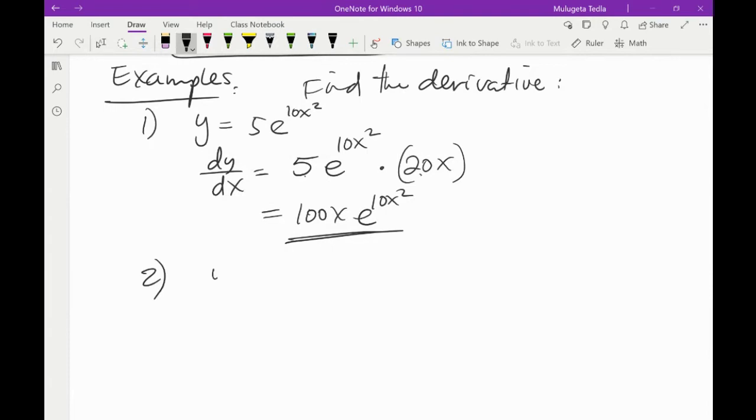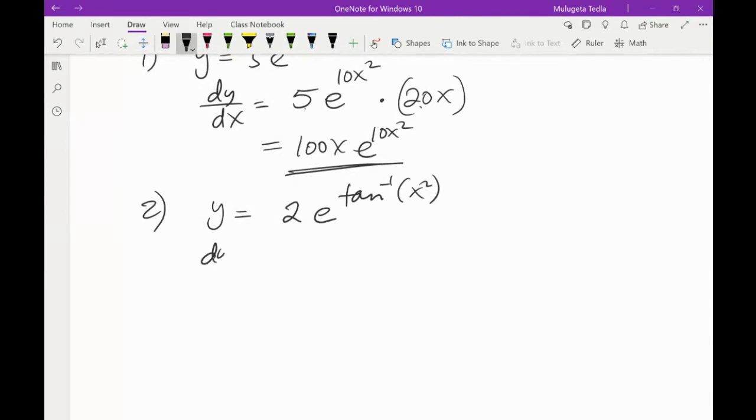Number 2. What if y is e to the tan inverse of x squared? Make it complicated. dy by dx. Who can help me? Don't forget, be strong enough to say it. Just repeat the way it is.